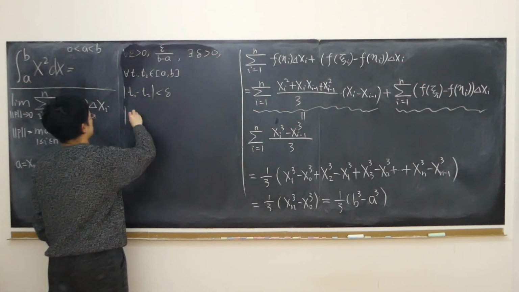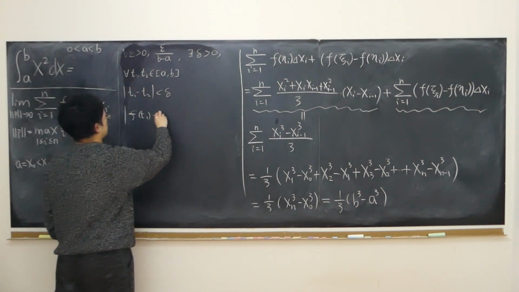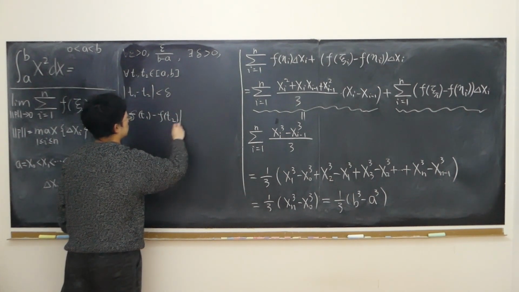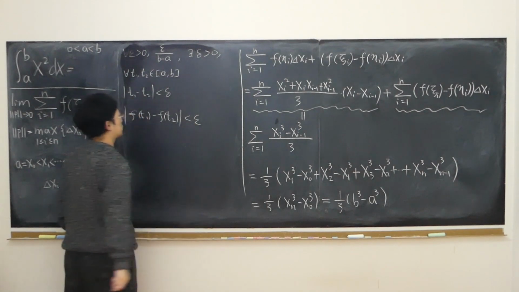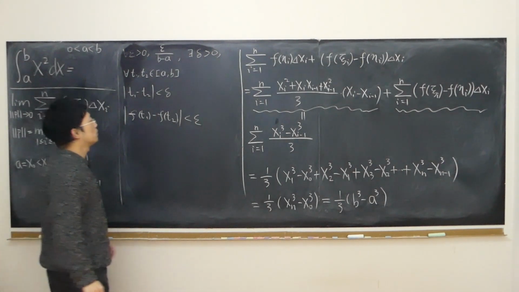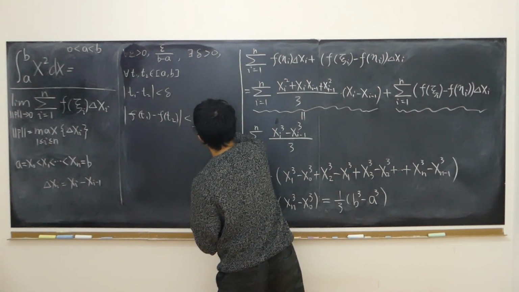Then f of t1 minus f of t2 will also be close enough, or rather smaller than epsilon over b minus a.